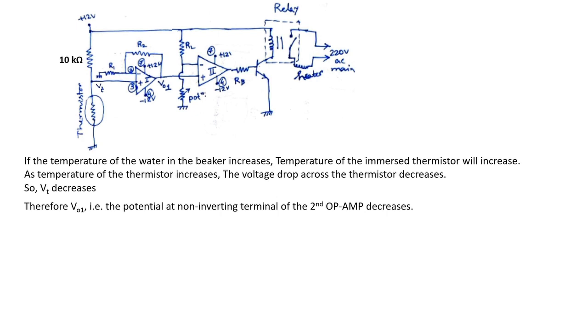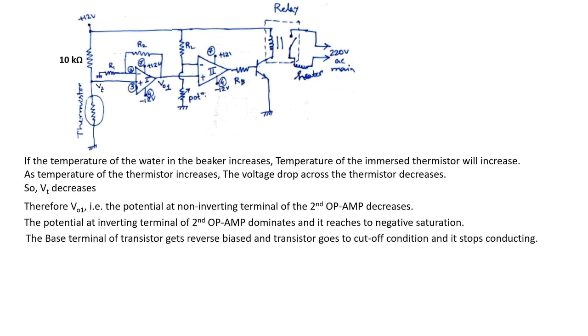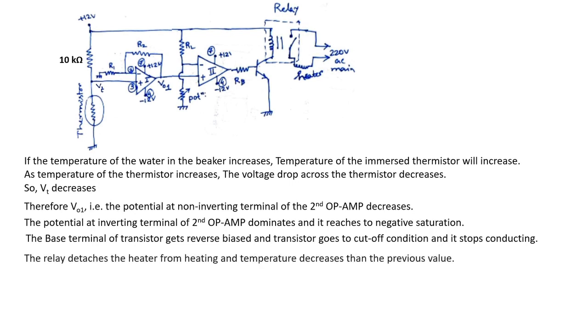The potential at the inverting terminal of the second op-amp dominates and it reaches negative saturation. The base terminal of the transistor gets reverse biased and the transistor goes to cutoff condition and stops conducting. The relay detaches the heater from heating and the temperature decreases from the previous value.